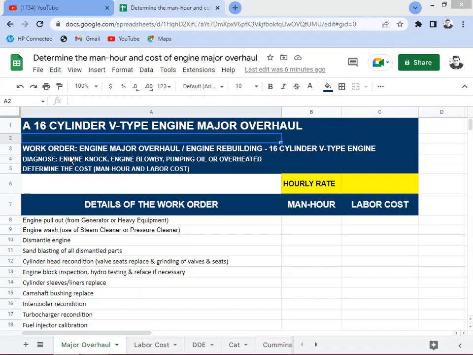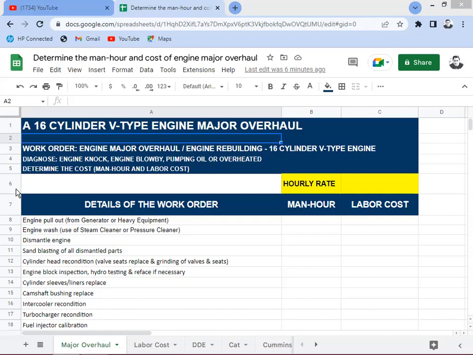The mechanics, or whoever is doing the reception, sometimes the heavy equipment receptionist, is preparing a work order and diagnosing the engine. The engine is having an engine knock.